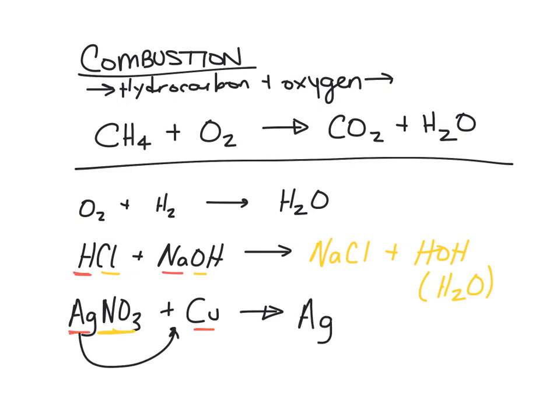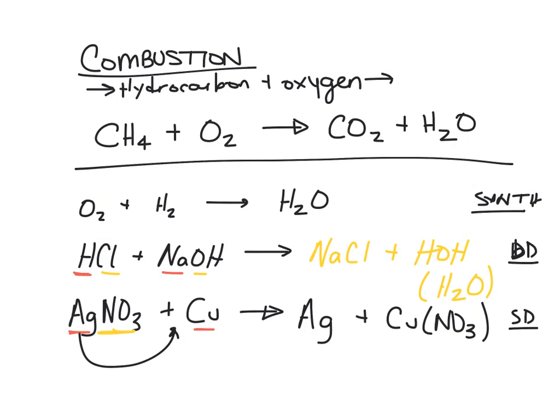Yes, it actually makes silver. And copper 2 nitrate. Okay, so again, this is single displacement. This one's a double displacement. And this is a synthesis. And hopefully that makes sense. And the next lesson we will look at law of conservation of mass and balancing chemical equations.